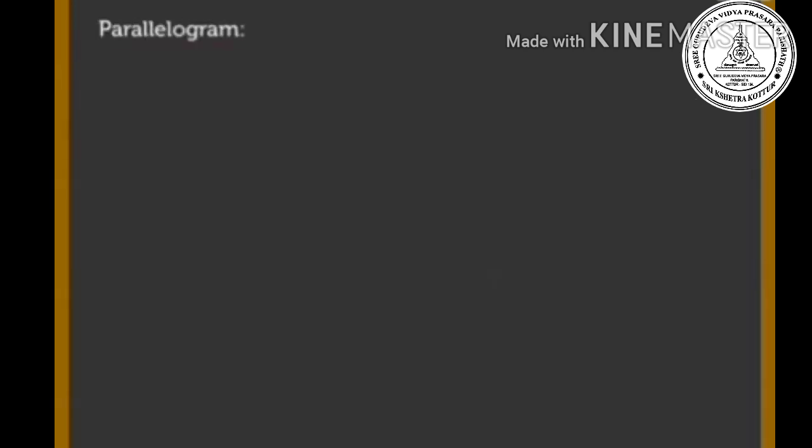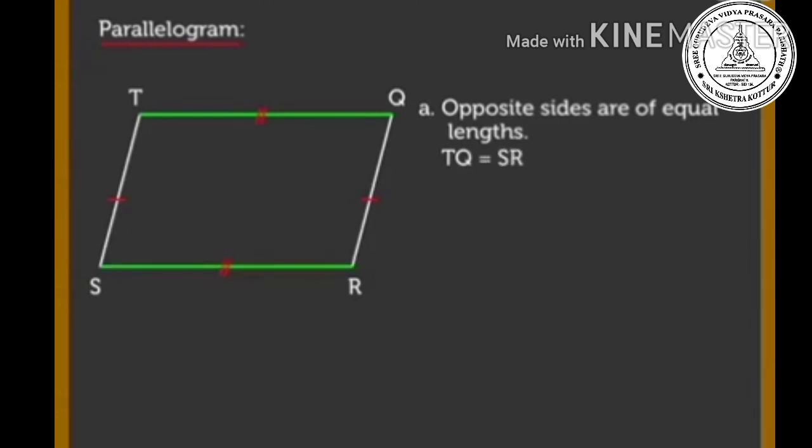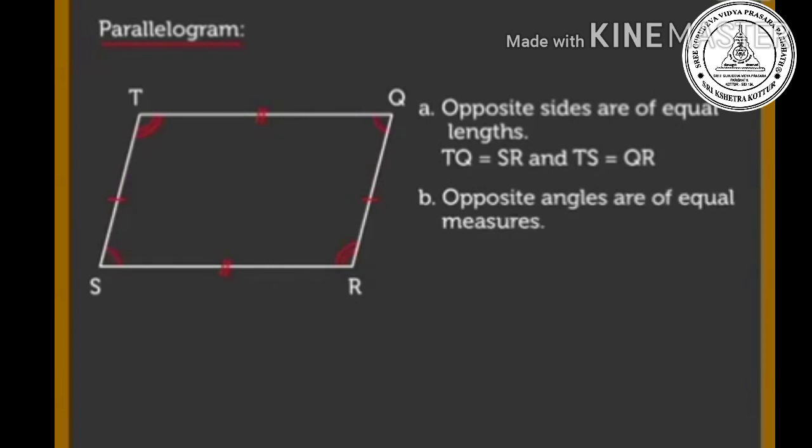Coming to a parallelogram. Look at the parallelogram TQRS. Here, A. Opposite sides are of equal lengths. That is, TQ is equal to SR and TS is equal to QR. B. Opposite angles are of equal measures.